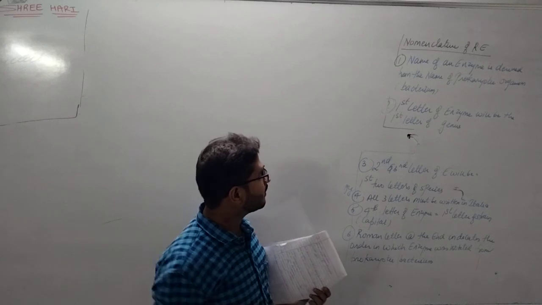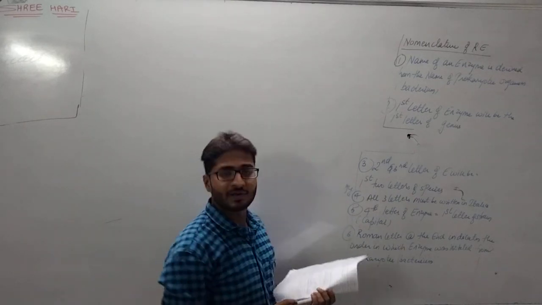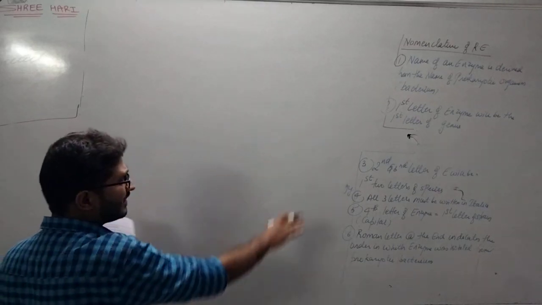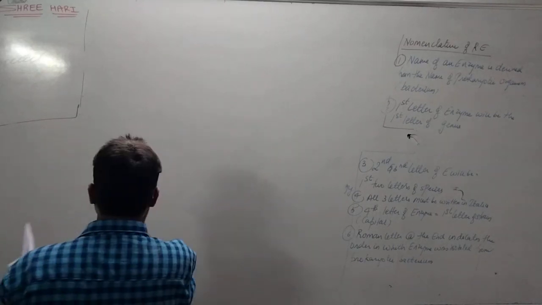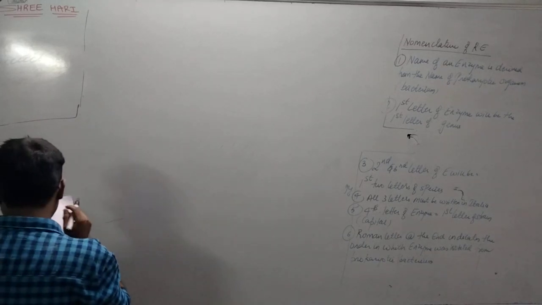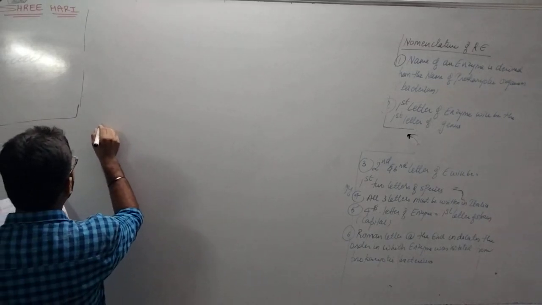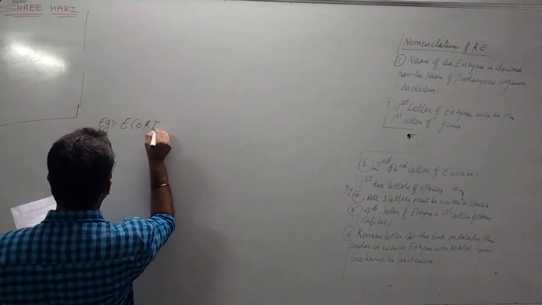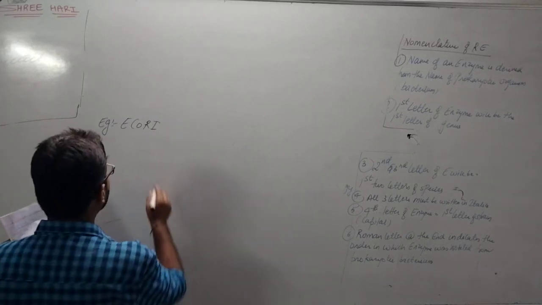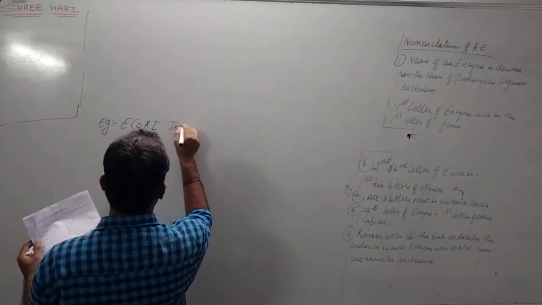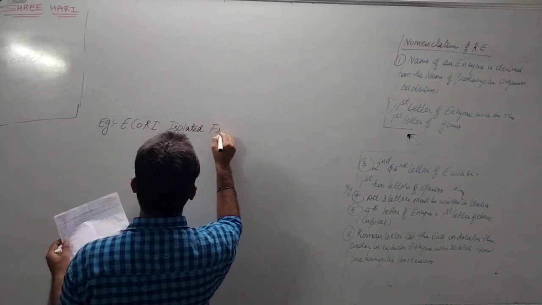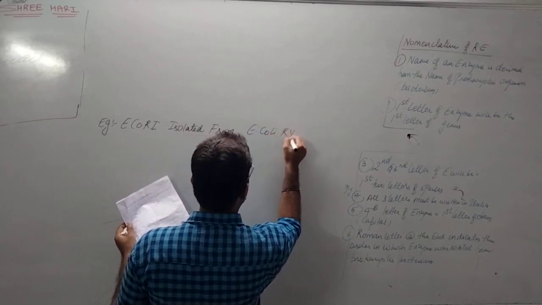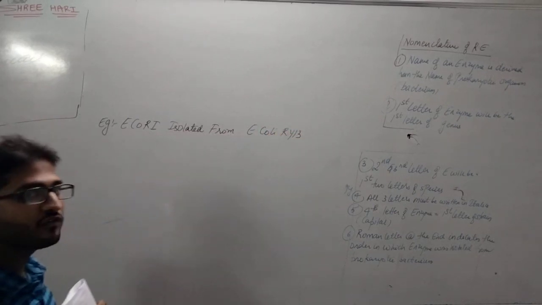So let us take one example in order to understand how to name a typical restriction endonuclease enzyme. The rules are written here. I will read the rules once again and we will see them with the help of one example also. We are taking the example of EcoRI, a restriction endonuclease enzyme isolated from the E. coli RY13 strain of the bacterium.